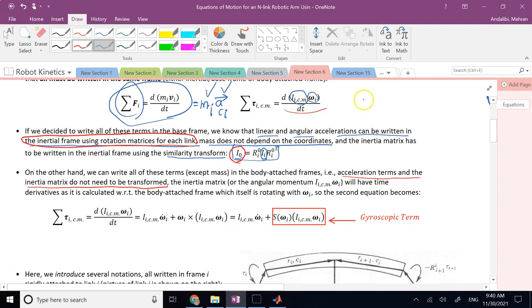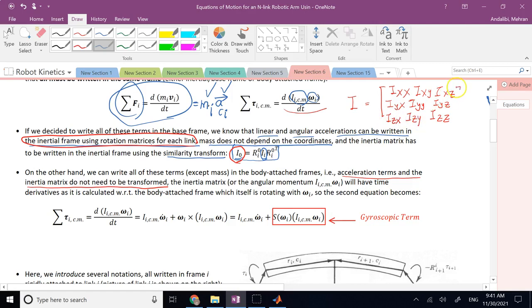This inertia matrix that you have, as you know, is Ixx, Iyy, Izz, and then the product terms, correct, Ixy, Ixz, Iyz, and then the mirror image of that.